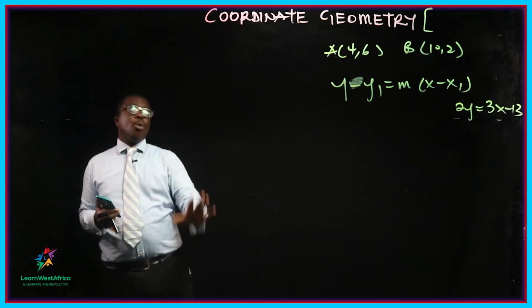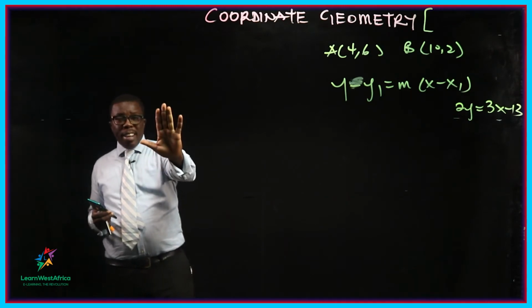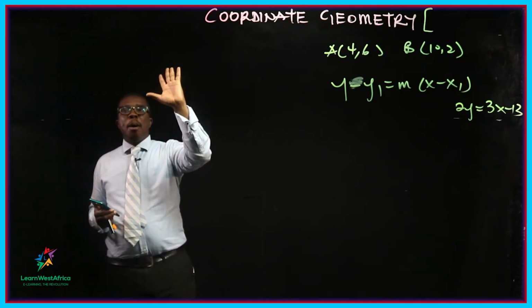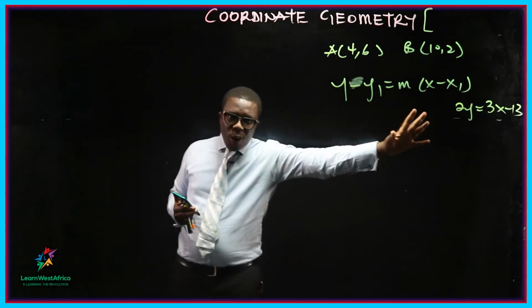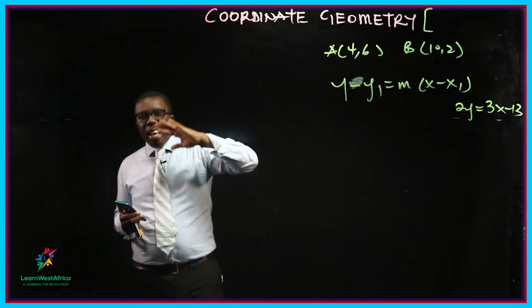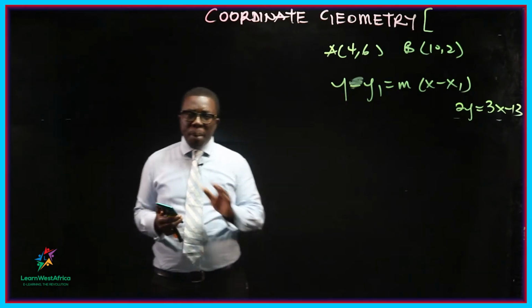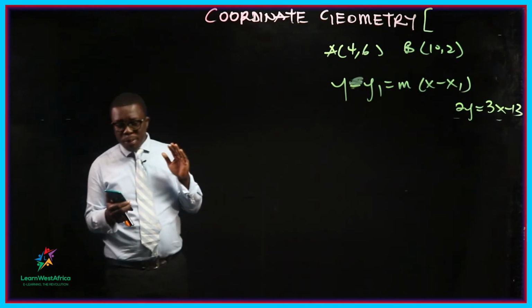Let's just go back a bit. So the facts of the question say that point C lies on the perpendicular bisector, and we've been able to find the equation of the perpendicular bisector. No qualms or problems about that.